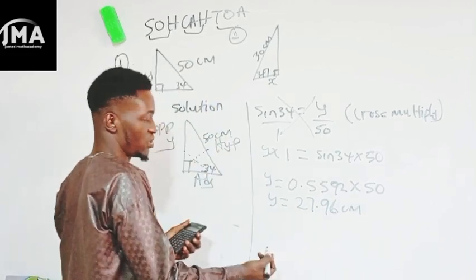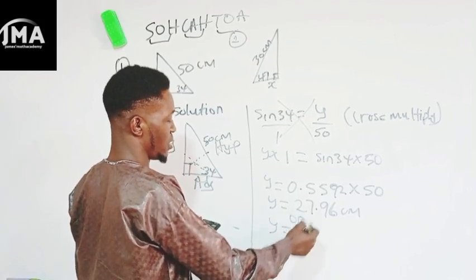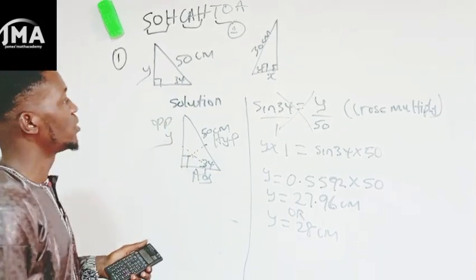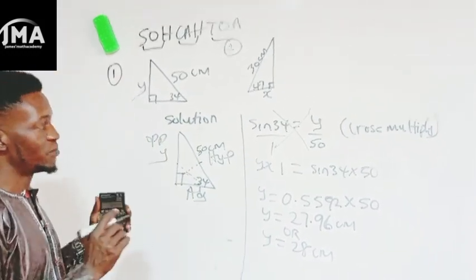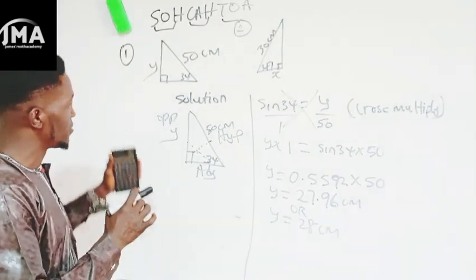I can also approximate it to what? I can approximate it to 28 centimeter. Okay, so yes, this is basically the process in which you can solve this type of question.